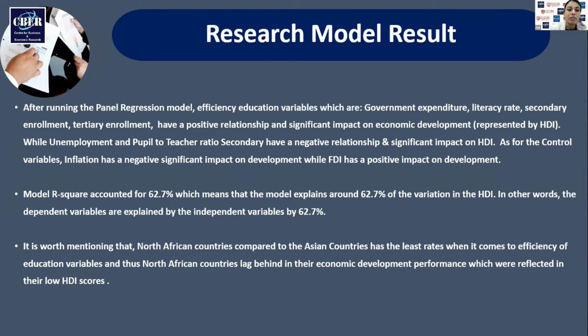The second category, which had a negative impact on the HDI, was unemployment and pupil-to-teacher ratio in both secondary and tertiary levels. As for the control variables, foreign direct investment had a positive impact on development. On the contrary, inflation had a negative significant impact on development.